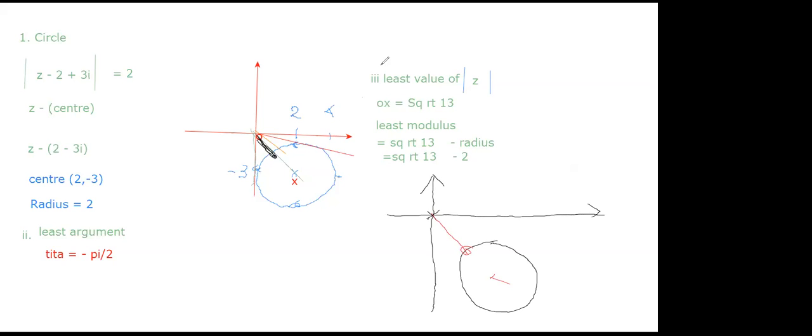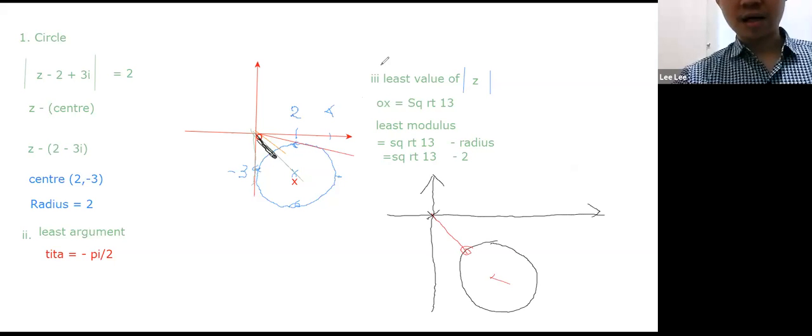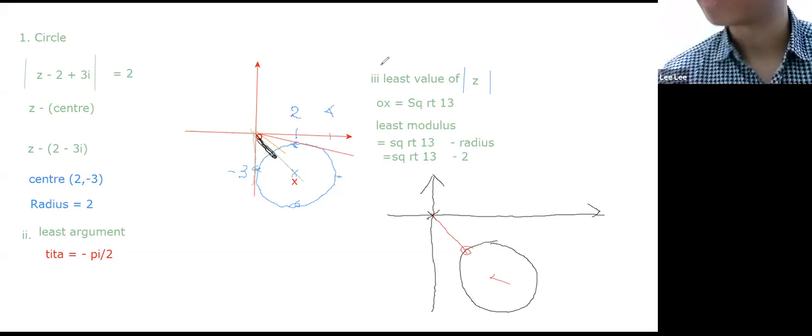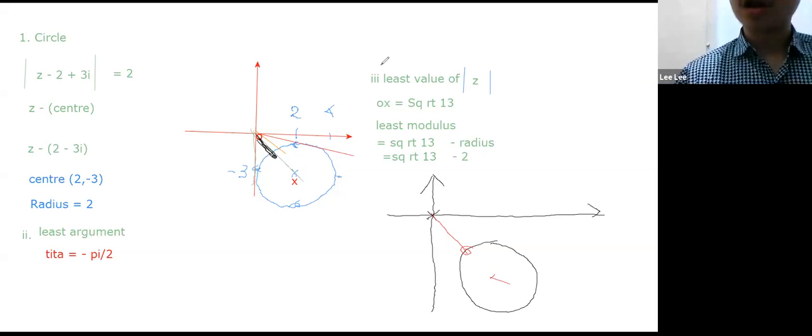Can you find any shorter distance than that? No. So at least you have to do the sketch properly first, right? Modulus is basically the distance, yeah, sir. Yeah, modulus is a distance. Argument is for the angle.